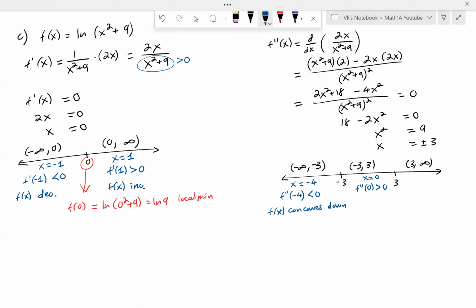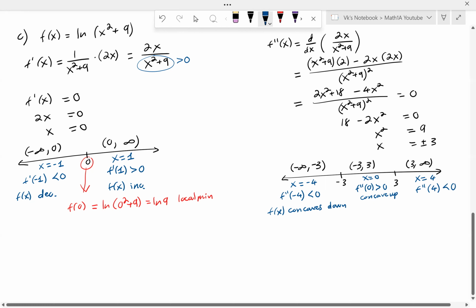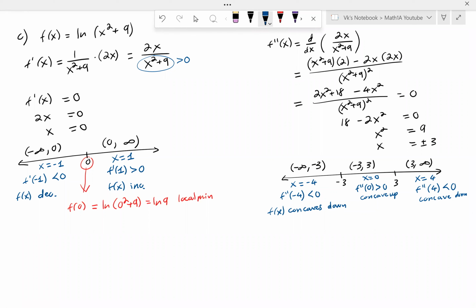So concave up. Put x equals 4. f double prime of 4 is less than 0. So concave down. Yay! We have all the information here to do the sketch.